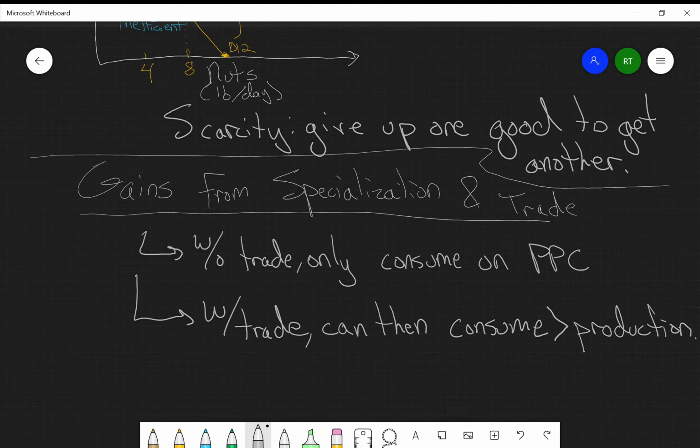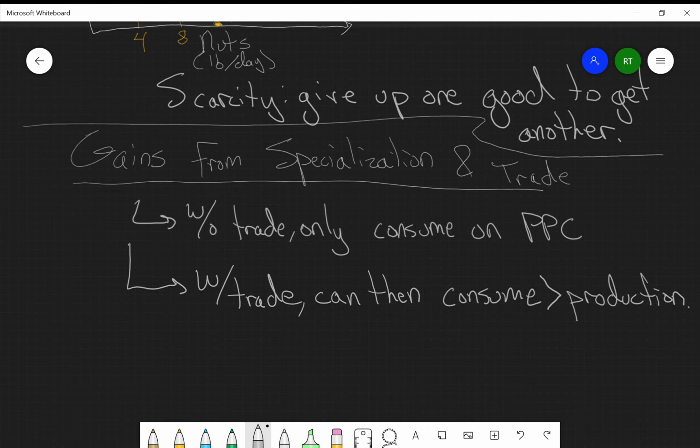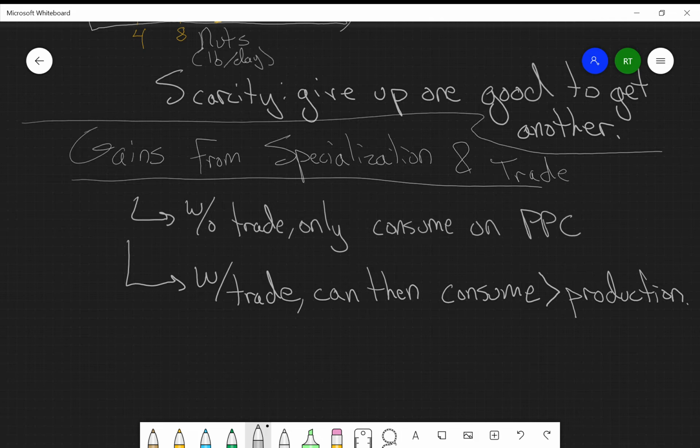And we illustrated this with that example on Wednesday. That with trade, you can end up with the same amount of resources getting more output. So by producing according to comparative advantage and trading, you can get what you want.